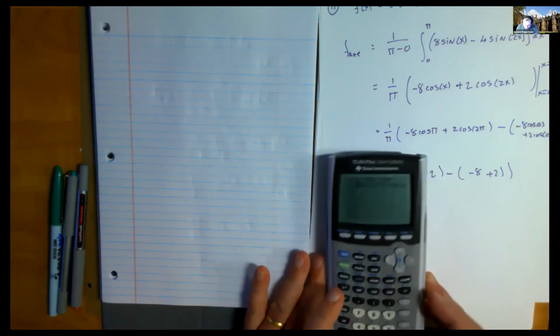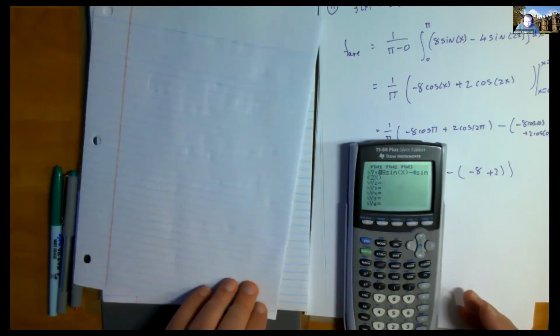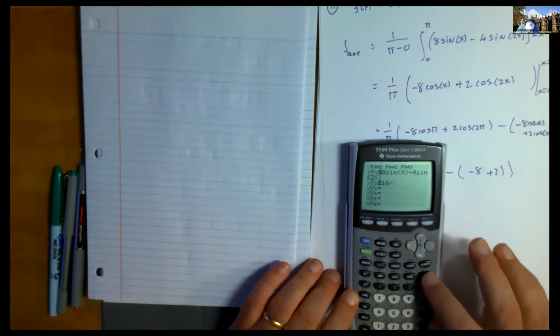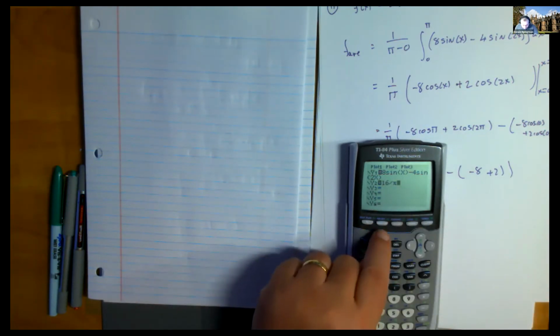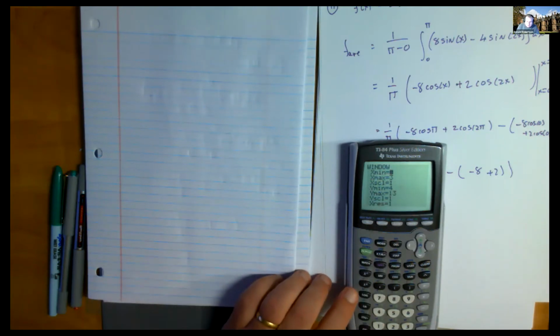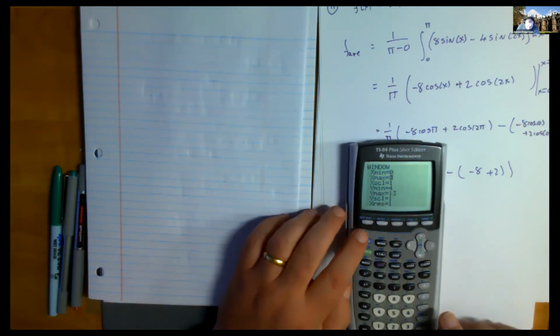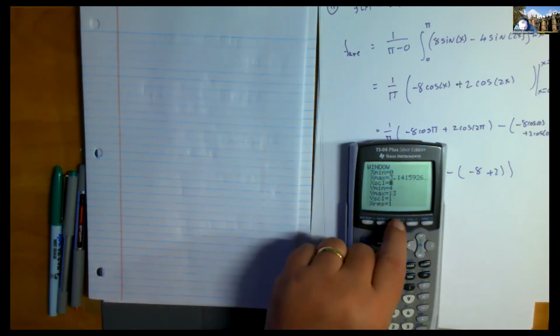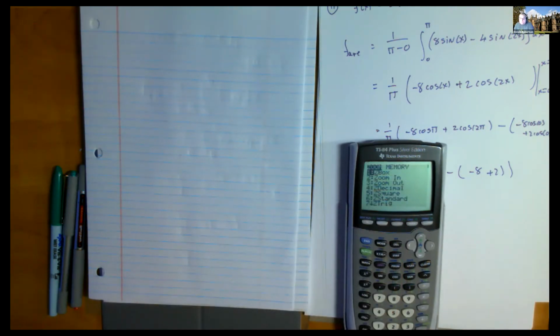And then I will type in 16 over pi, which is the average value. I'll then go to my window, and I'll make sure my window is only from 0 to pi. And then I'll do zoom fit so I can see it.